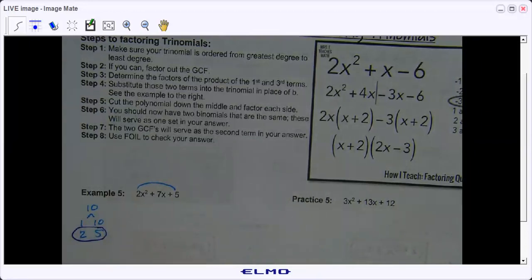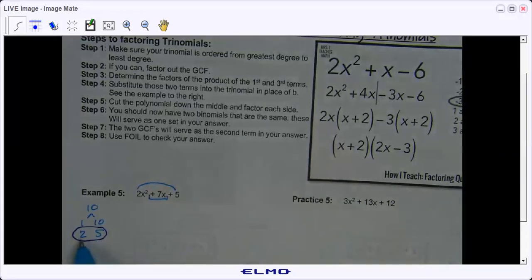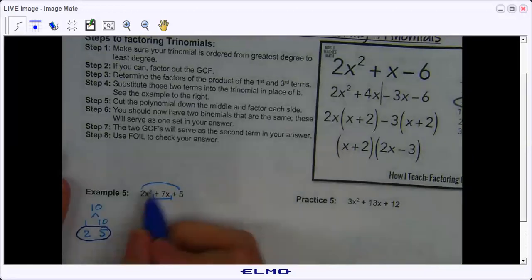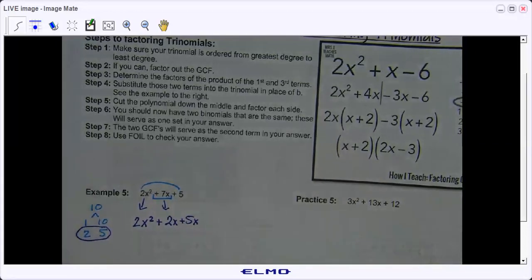So what we're going to do is take these 2 terms, 2 and 5, and replace them where the 7x is. So this is going to get replaced with 2x plus 5x. Let me show you how that works. We bring down our 2x squared. This comes down now in the form of 2x plus 5x because 2x plus 5x equals 7x.